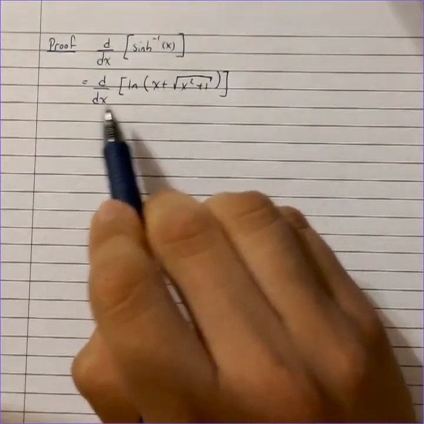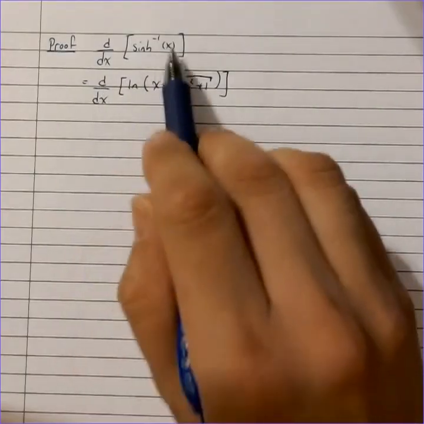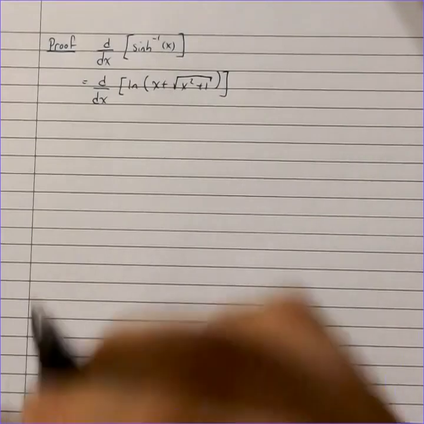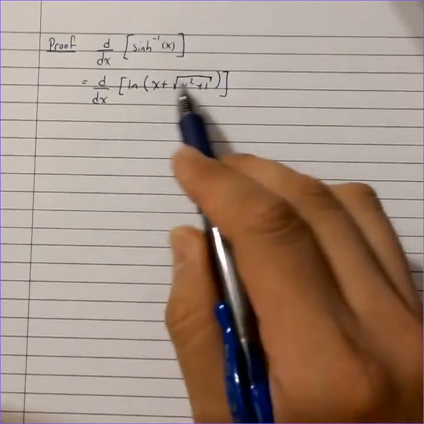That's the definition of the inverse sinh. So taking the derivative of that is the derivative of that. These are identical. Okay, well, I know how to take the derivative of a logarithm.